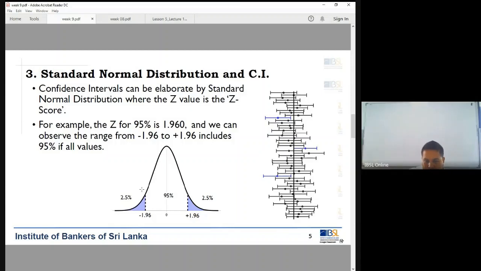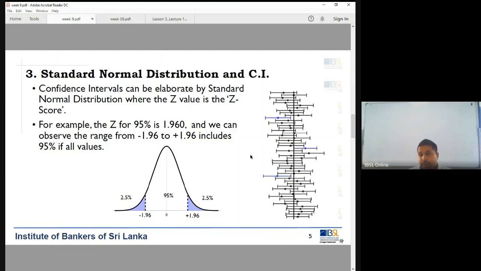So that means this should be 97.5. If you look into your tables and keep an eye on where you see the 97.5% area under the curve covered, you will find that on the second page under Z score 1.9 and the column 0.06. So 1.96 can be calculated by the same Z table that is given to you.